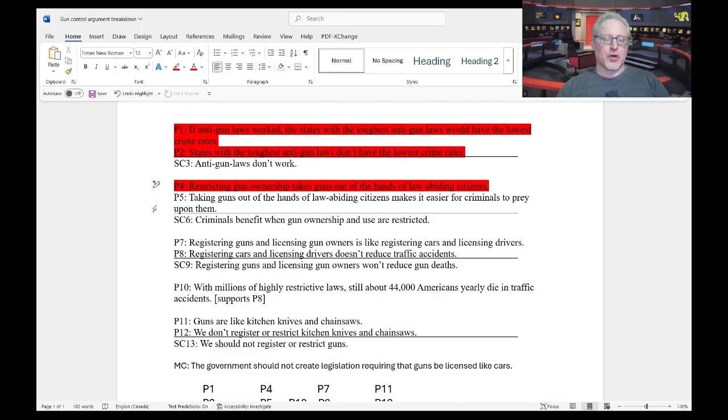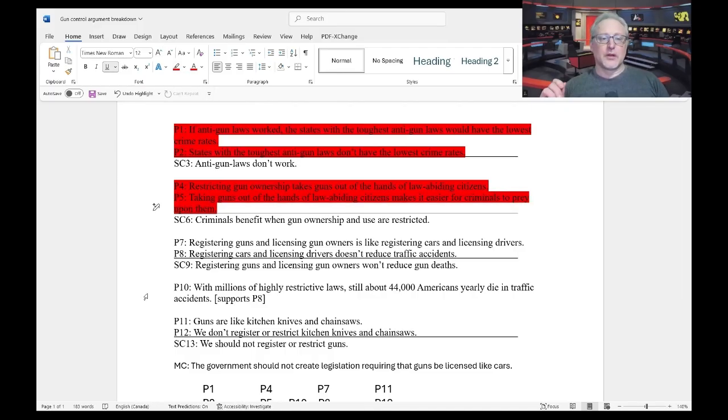For the vast majority of crimes, having a gun doesn't protect you, and quite possibly having a gun makes you less safe under the conditions where you might use the gun to defend yourself. So I'm going to have to say that this premise is at best doubtful, which means it's not acceptable.